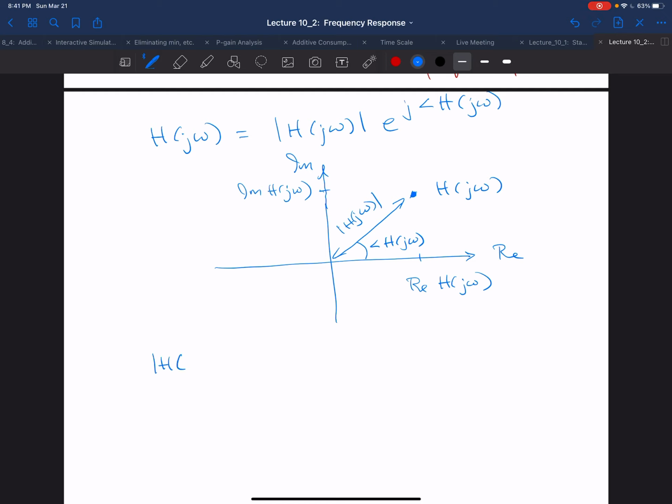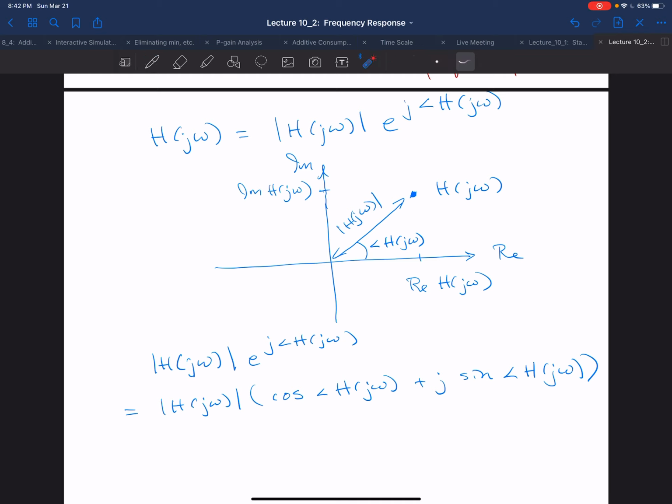So note that if we take the modulus of H(jω) and multiply it by e to the power j times the angle of H(jω), then by applying again the Euler identity, we can rewrite e to the power of the angle of H(jω) as the cosine of the angle of H(jω) plus j times the sine of the angle of H(jω).